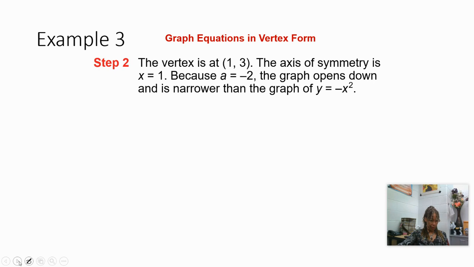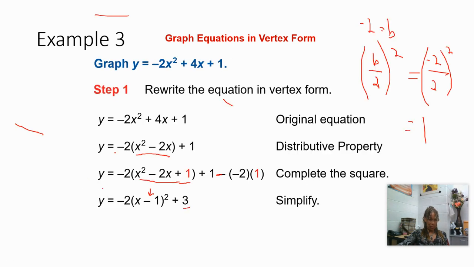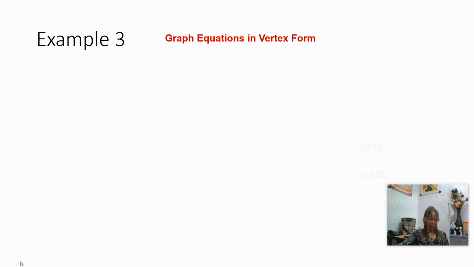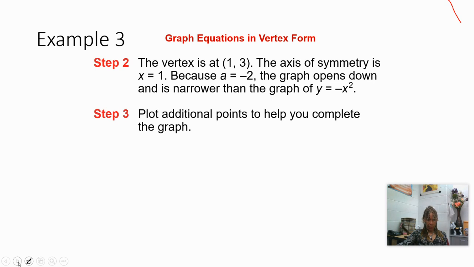So now I have to graph it. There's your equation. Now I have to graph it. And it's not too bad. I have the vertex. It's multiplied by a whole number, so it's going to get narrower. I've got an axis of symmetry because the vertex is at 1, 3, so I know that I've got a line down the middle.